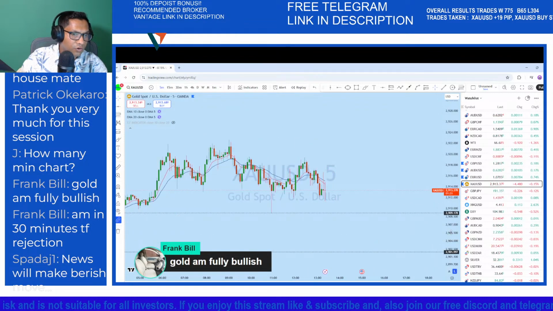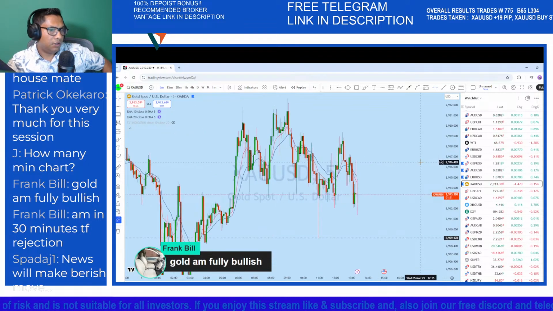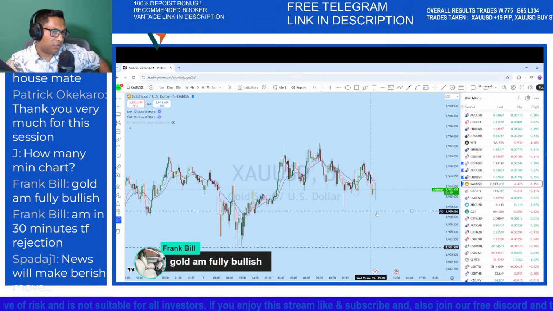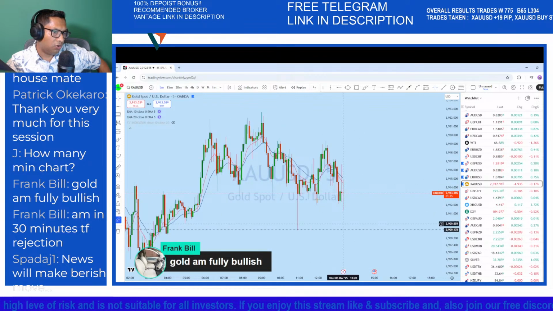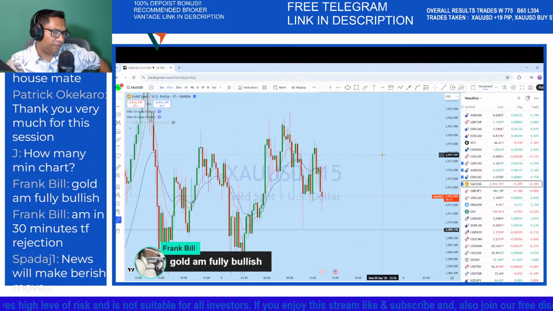So another dodgy formation here. We need to look at how the price is organizing here. Is it preparing for a bounce, or is it preparing for a drop?